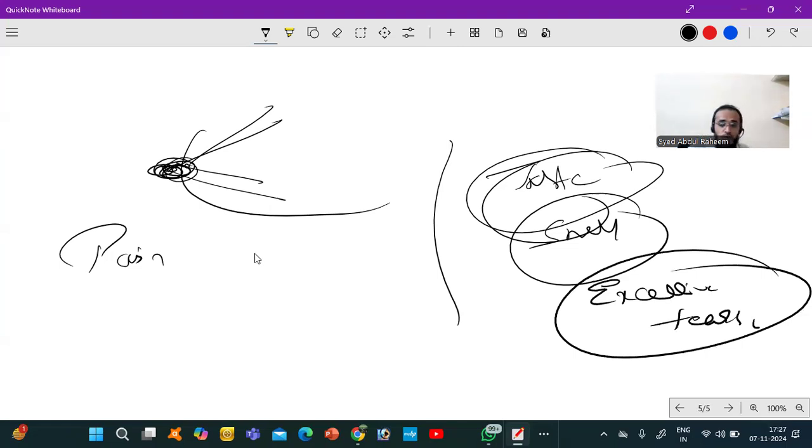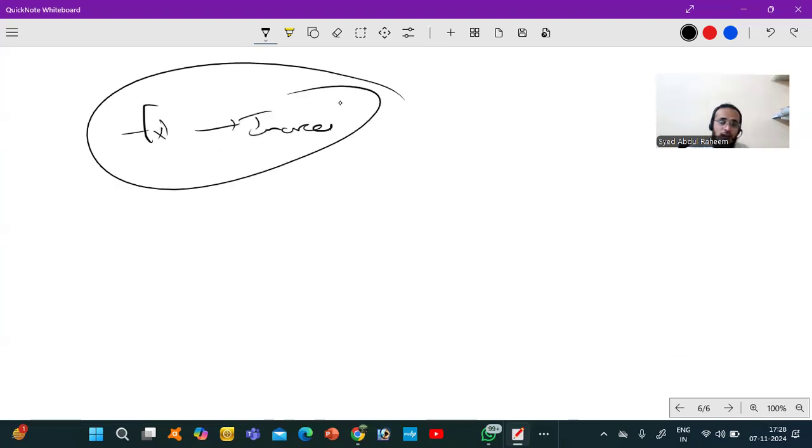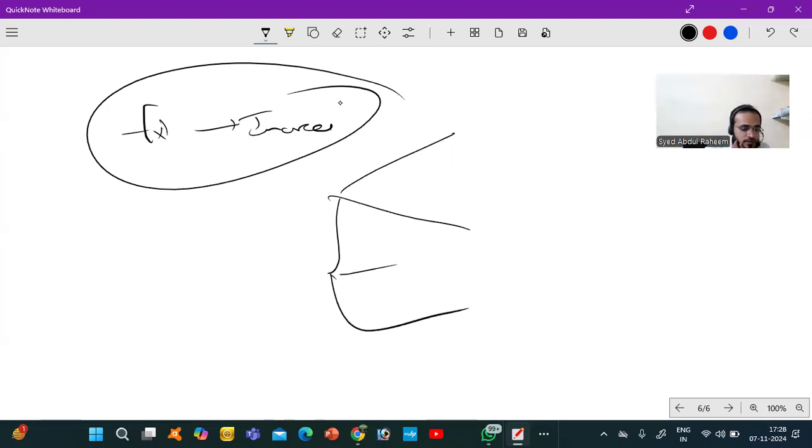So you have to note down all these things. But after that, if the patient persistently ignores it, the damage of the facial nerve increases, and the patient will have other symptoms also. What are the other symptoms?